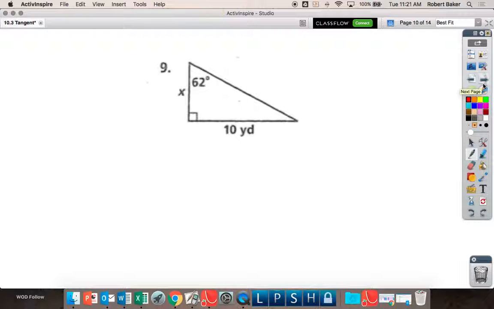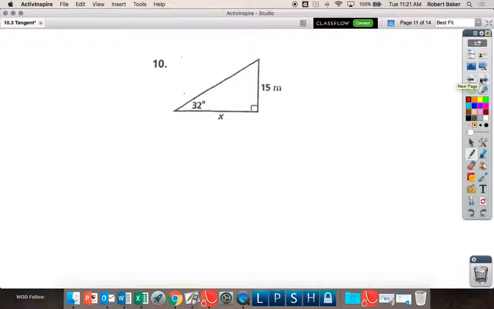What's this one? 62 degrees. C or no? Okay. Tangent 32 degrees. I'm going to be picky about that. Equals what? 15. Perfect.